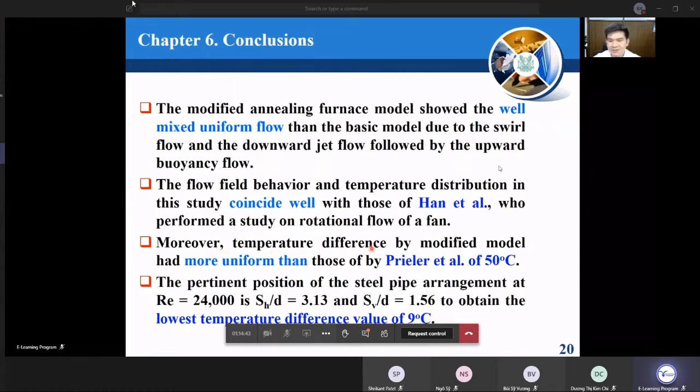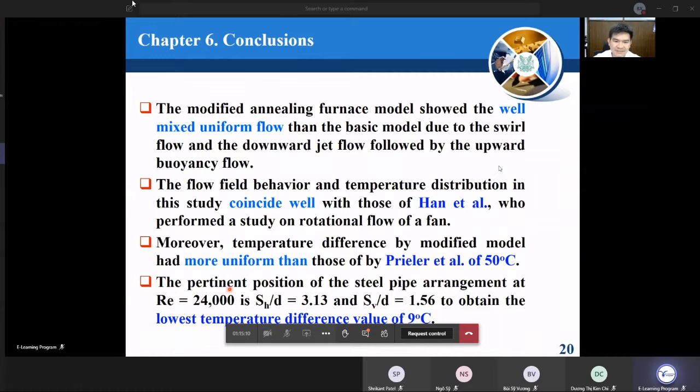Moreover, the temperature difference using the modified model in the recent study is more uniform than that of Reeler et al. They performed the bundle study at around 50 degrees Celsius, but in the recent study only 13 degrees. So it's better than the previous one.